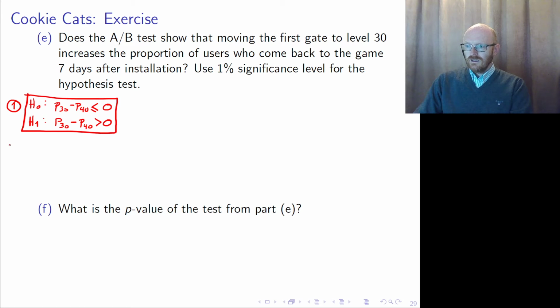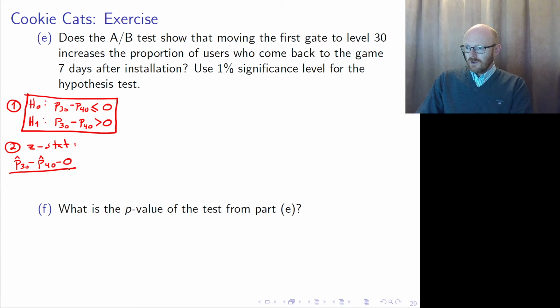So the second step is to calculate the z-stat. The z-stat is the sample proportion difference, and we do not have a cutoff, so we set the cutoff to 0 because we are just interested in whether P30 is bigger than P40.